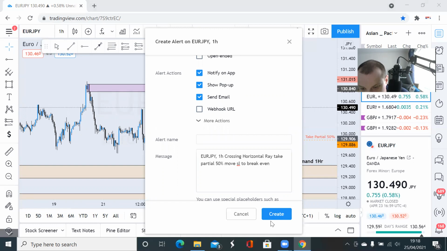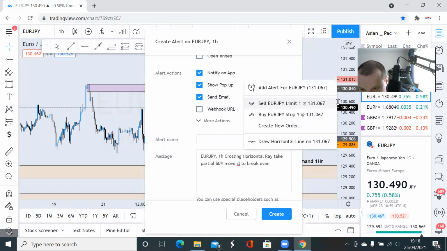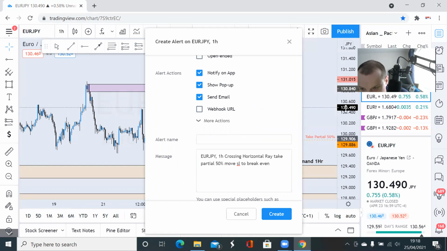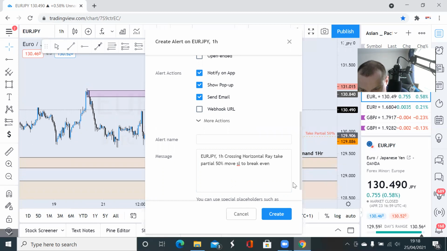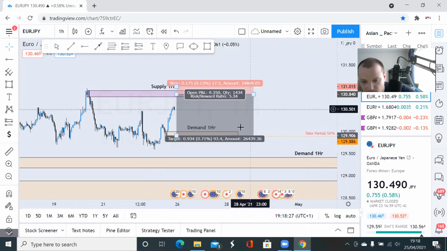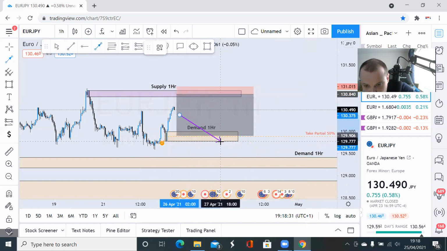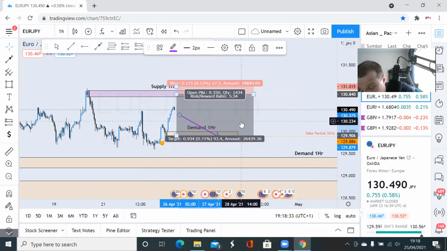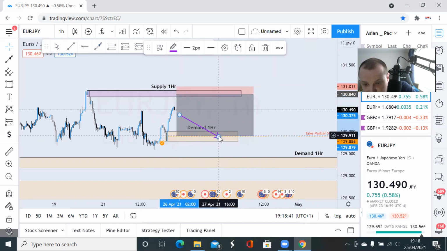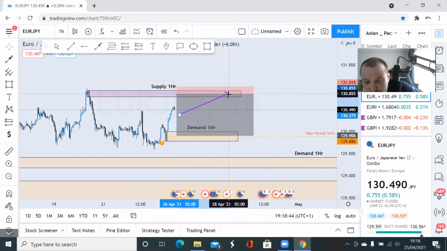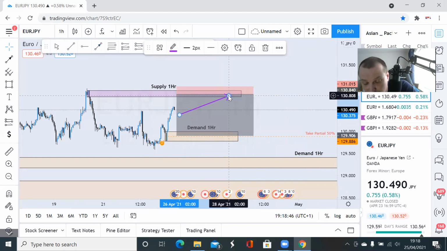So what will happen is, let's get this on here. Once this comes down to this area, if it comes up, mitigates, comes down, hits that, your alarm will be set. You're going to close out half of your trade, okay, and move the SL to break even. So if this was to come back in reverse, hit your entry, you've took at least half the trade.